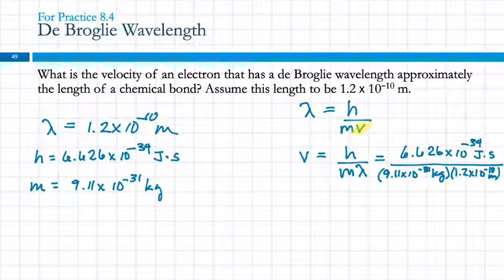Didn't leave myself enough space. 6.626 E minus 34. I graded worksheet 6 last night, and some of you have the equation written out correctly, but then you executed it incorrectly in your calculator, and that's a real shame, to do all the hard work and end up with the wrong answer.